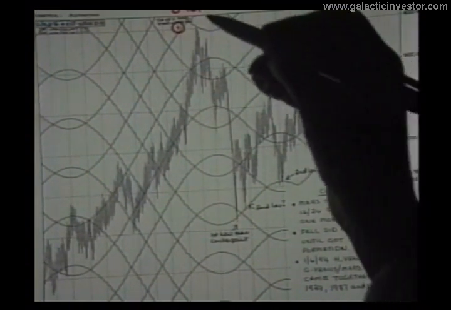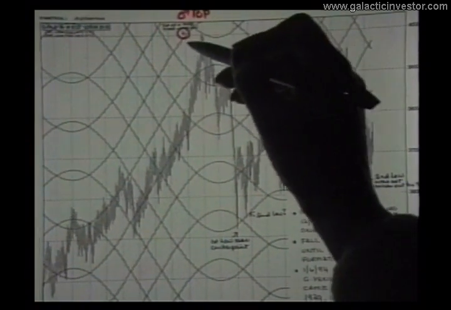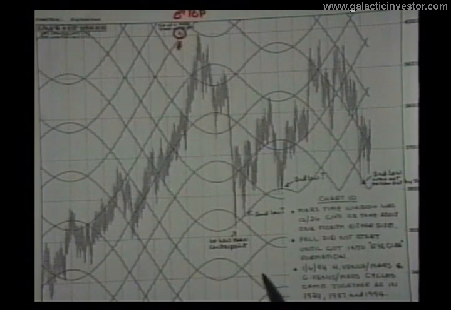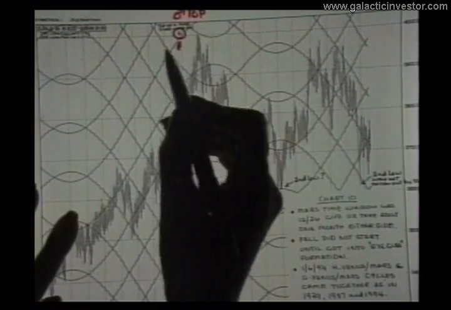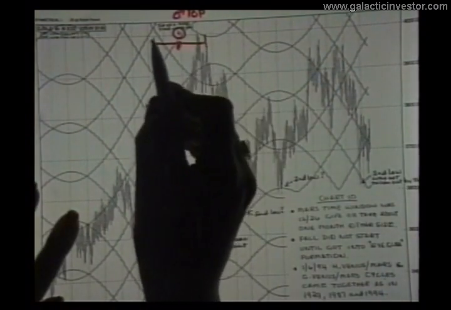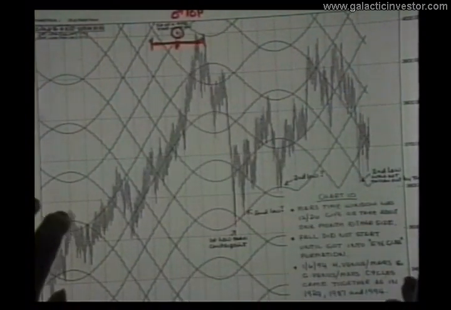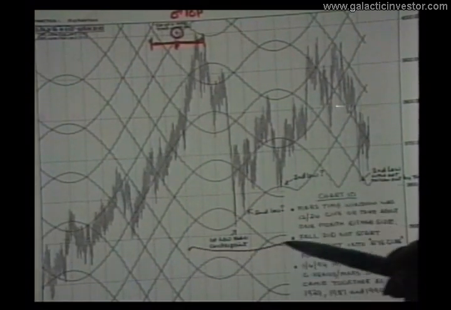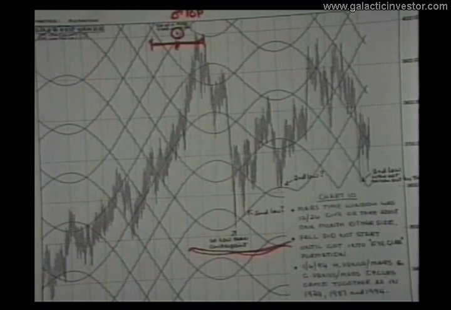For example, the Mars top came in right at this point, and we were coming into the Jupiter spyglass formation, and the Mars top cycle came in. So you knew that within a time window of a month either side here, this market should top out and start moving down. And you also knew that you had this period coming in here where you would be experiencing two market lows, and those lows should not be taken out.